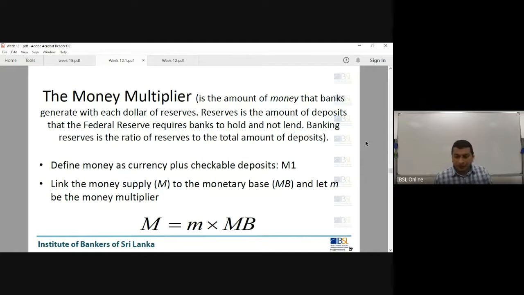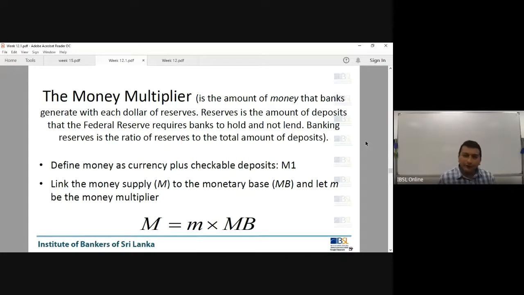Okay, so this multiplier that we are now looking at is nothing but the amount of money that banks can generate with each unit of reserves. In this case, we just assume dollars because it's the US Fed Reserve. Each rupee of reserves, in Sri Lanka's case, you can define it like that. Okay, it's the amount of money that banks generate with each unit of reserves.